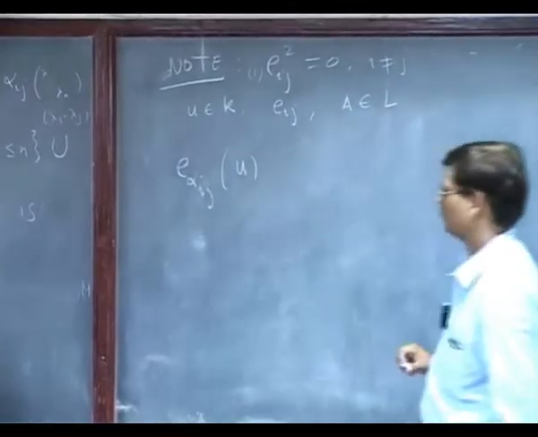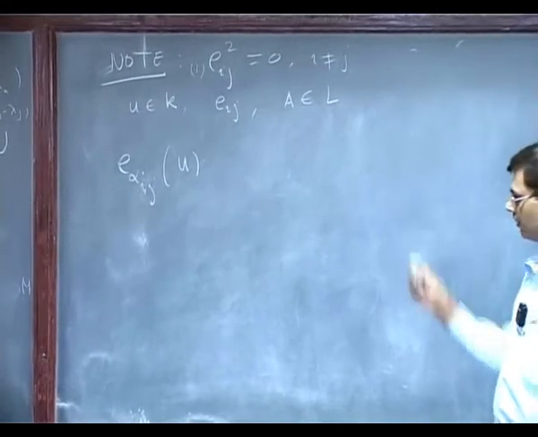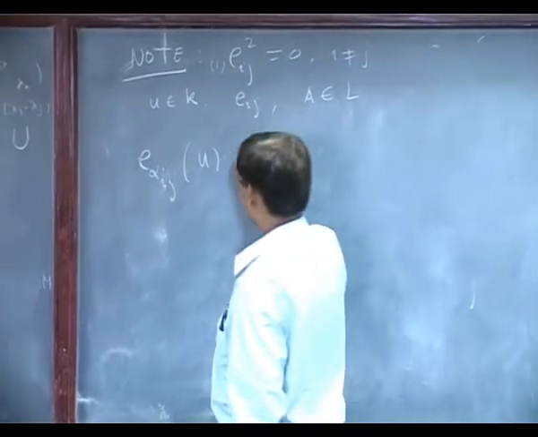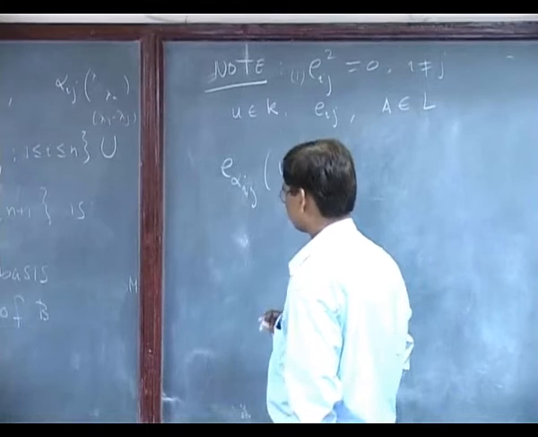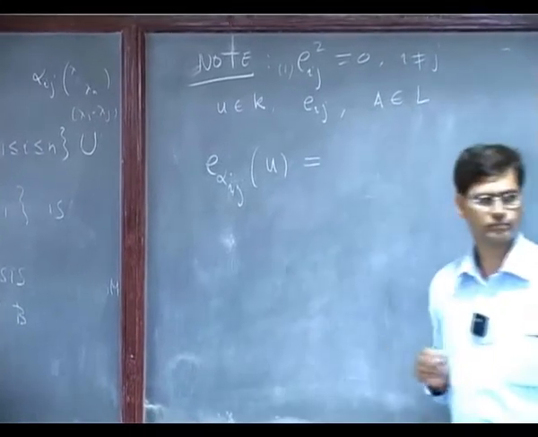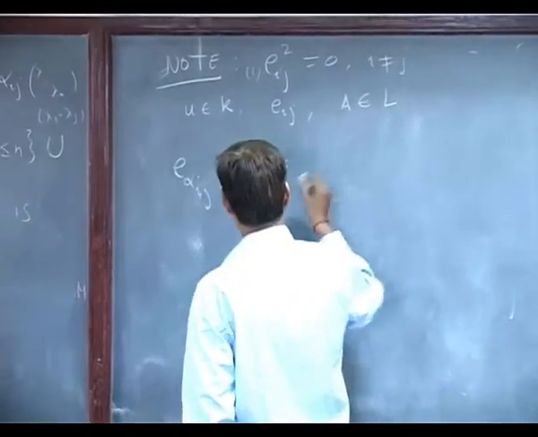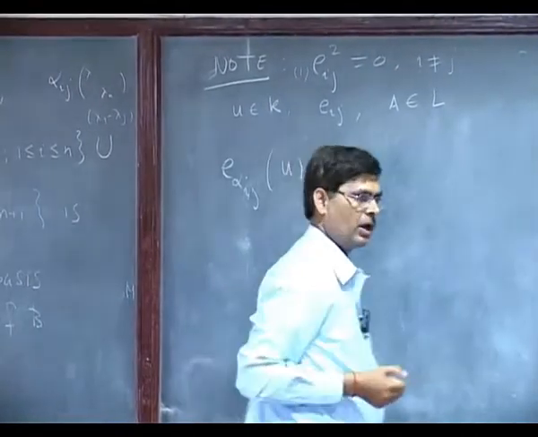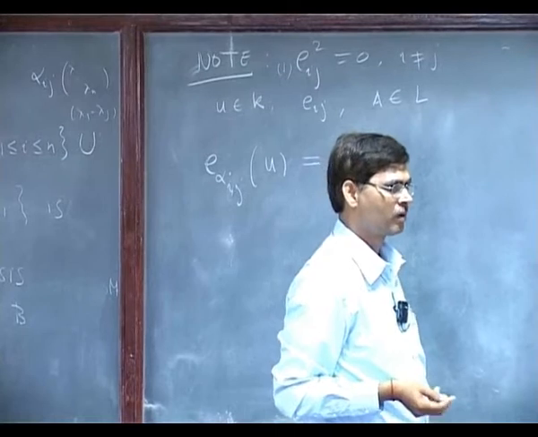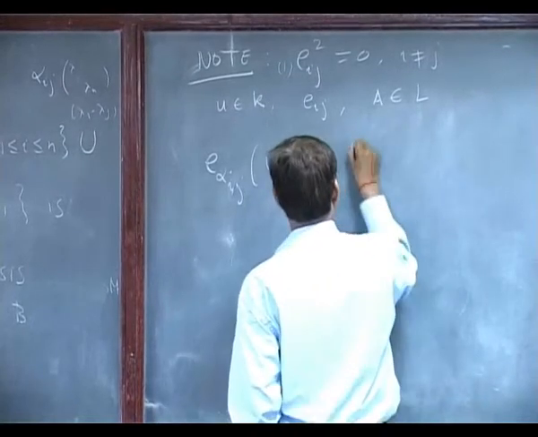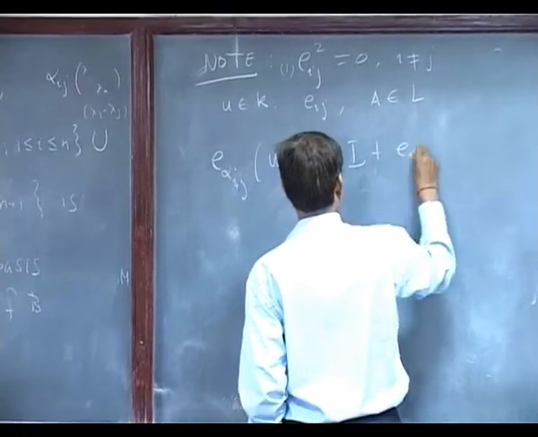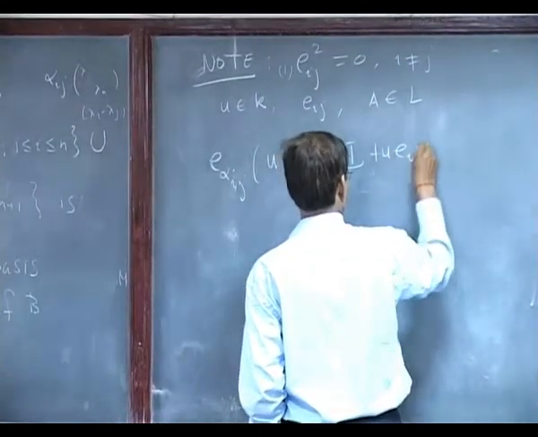So remember, this is the matrix whose ij-th position is 1 and the rest of the positions are 0. So this is the identity plus u times the E_ij matrix.